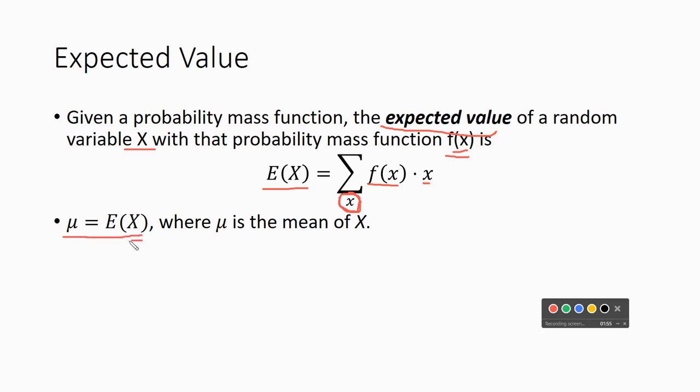And mu will equal E of x, where mu is the mean of a random variable. So when x is a random variable just of our data and we take our average of the data, the average and the expected value are the same thing.